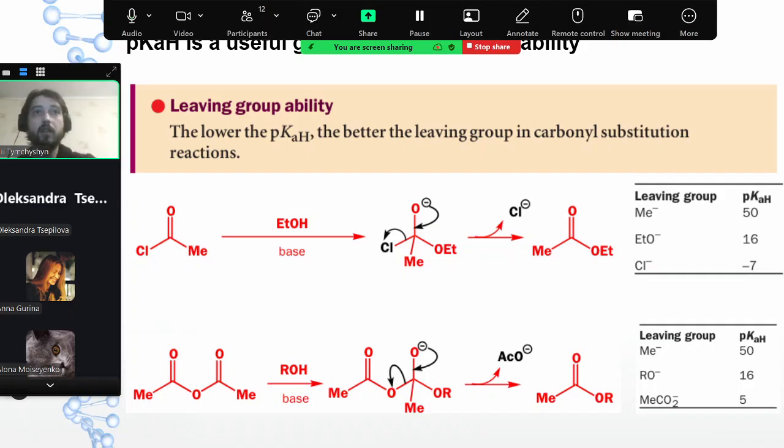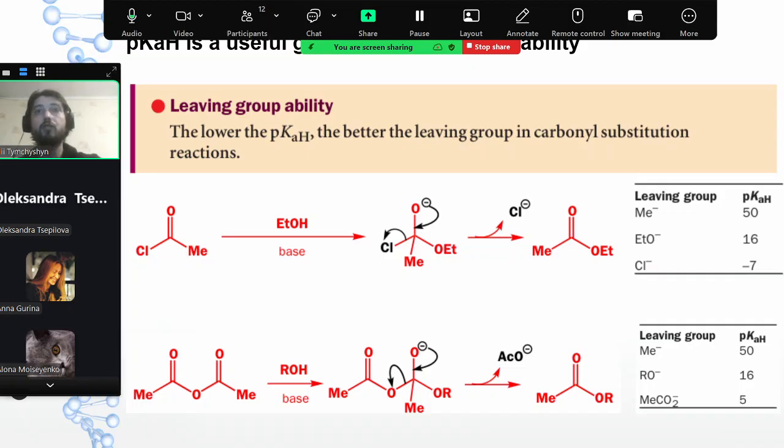That means that these sort of anions are stable, at least in water, so in solution, and they feel pretty comfortable. A very similar principle can be applied here. So if some group is going to leave, it should be stable on its own. In some sense, it should be willing to leave.